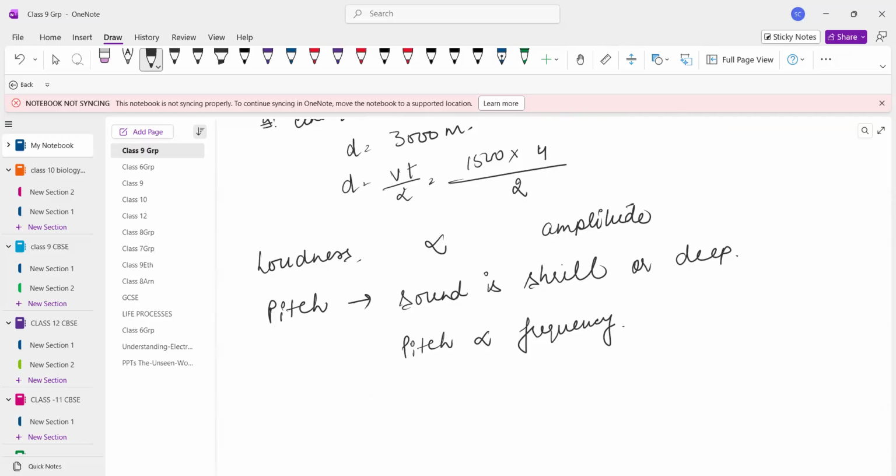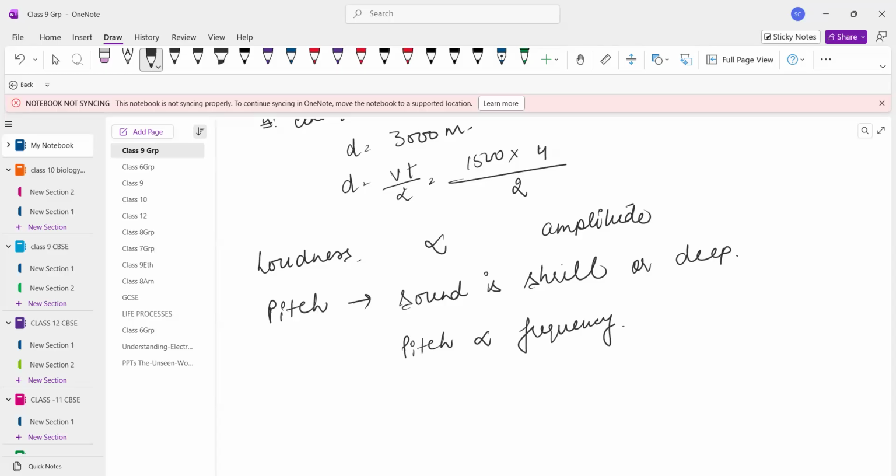Give me an example of any high pitch sound. In case of cricket, ma'am, the insect. Okay. Suppose we have a child and an adult, whose voice will be high pitch? Child. Yes.